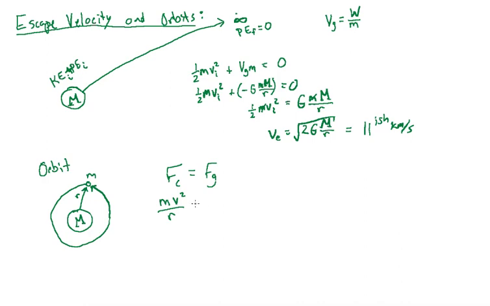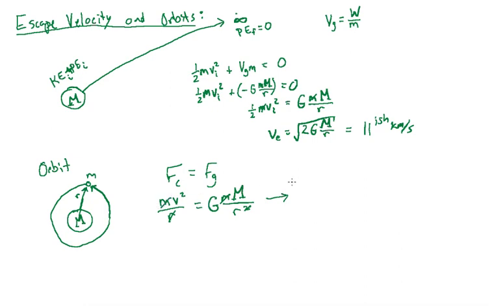And then the gravitational force is G, then the little m, the big M, the mass of our planet, our central object, over, in this case, our distance away from the center. Actually, this really should have been drawn coming from the center, not from the surface of the planet, over r squared. From here, you can solve this for v. Multiply both sides by r, get rid of one of the r's, and divide both sides by the little m, so the mass of the actual orbiting object doesn't matter.